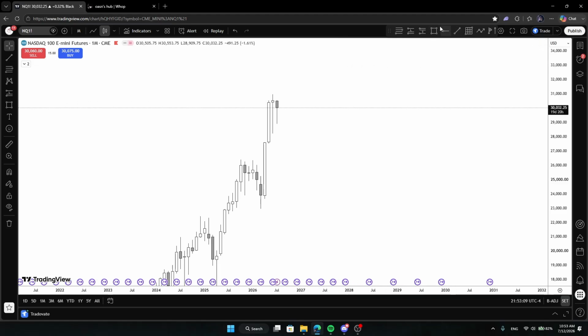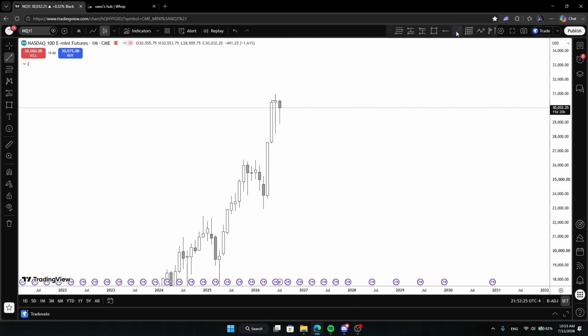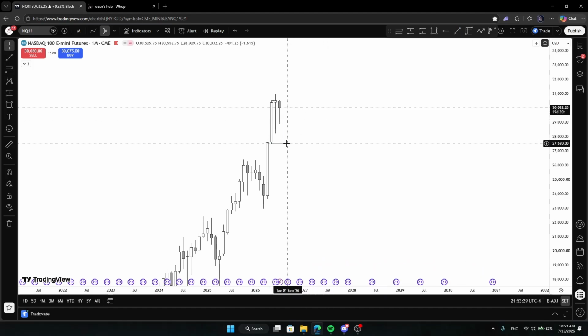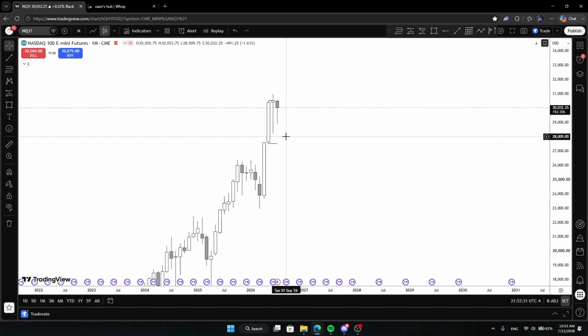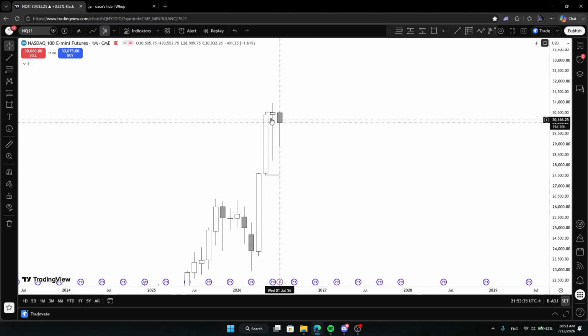Now this is one of the most basic ways to know your bias. You want to mark out the previous candle high and the previous candle low, and then wait to see what the next candle does. In this case, on June, we swept out the high right here and then closed below it.